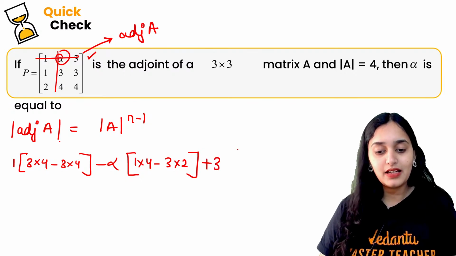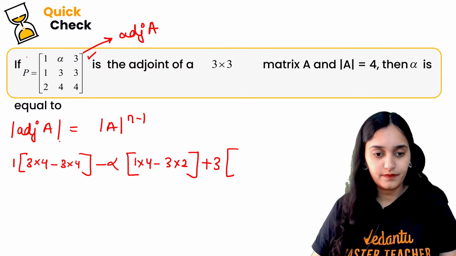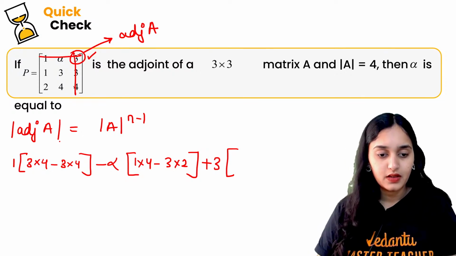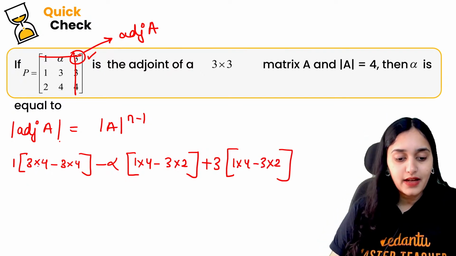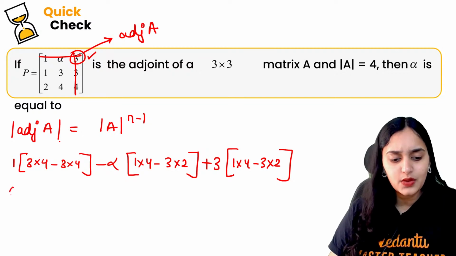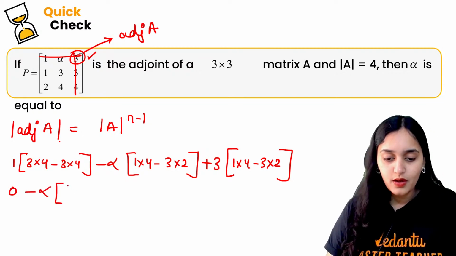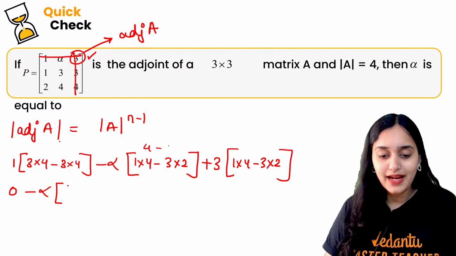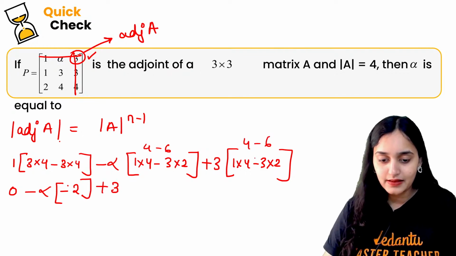Similarly, plus 3 multiplied with 1 into 4 minus 3 into 2. Let's find the value. 4 3 is 12 minus 4 3 is 12, 0, minus alpha into this is 4 minus 6. 4 minus 6 is minus 2, plus 3 into 4 minus 6.